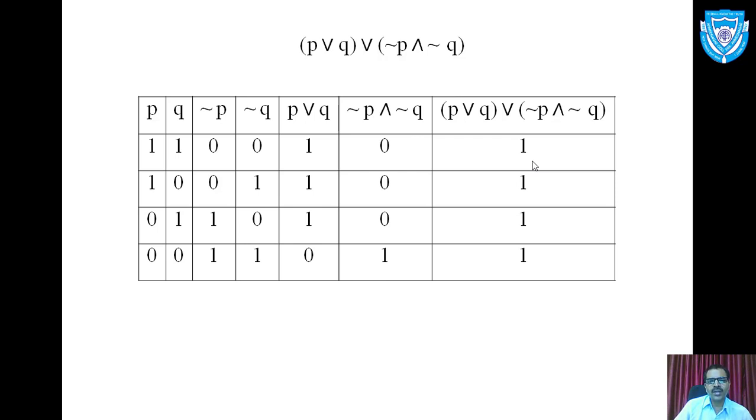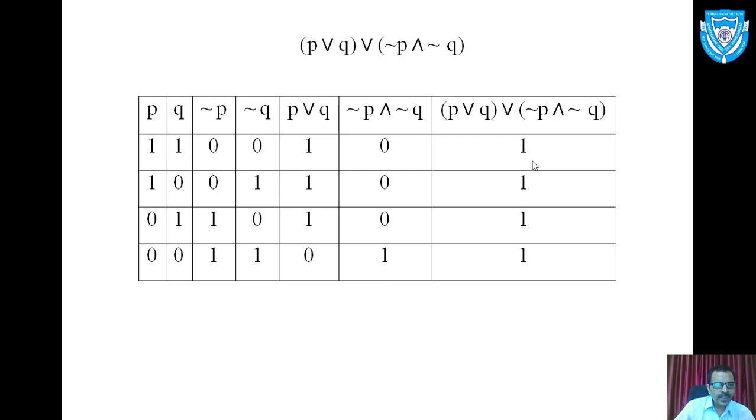From the truth values of P or Q, and negation of P and negation of Q, one can obtain the truth values of their disjunction. So the last column will be P or Q or negation of P and negation of Q. Now their different truth values are given below. For the corresponding possibilities of truth values of simple statements P and Q, there are four possibilities: 1 1, 1 0, 0 1, 0 0.